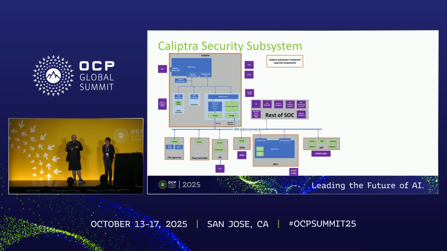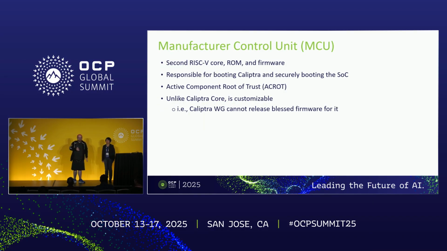It's really about the software running on that MCU core in the bottom right, but managing all these pieces and how they work with Caliptra. So that's what I said there. In general, when we say MCU, manufacturer control unit, it's really just a second RISC-V core that's companion to Caliptra. The firmware is actually going to be built by the SoC itself, so it's customized firmware.